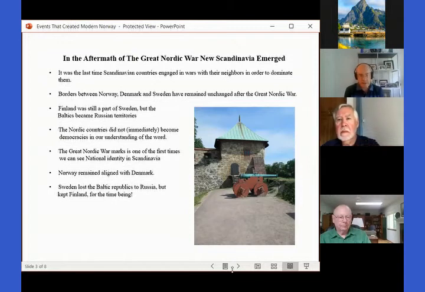France, Germany, and not least Russia could take big losses that the Scandinavian countries could not. During the Great Nordic War, Sweden won some spectacular victories, but when it turned, they really lost only one big battle. But of course, they couldn't replace the soldiers the way the other countries could.